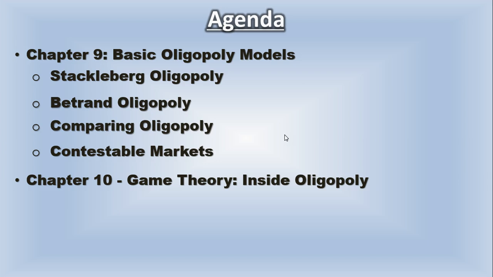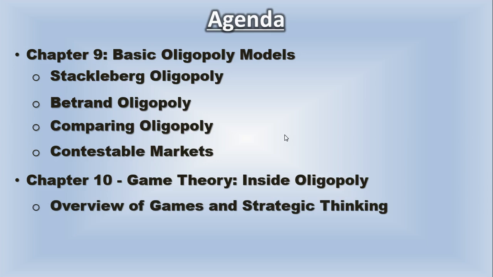But we'll go through several applications in this chapter and several different types of cases that one can apply game theory to, and how those different circumstances change the outcome of the game, and ultimately allow us to gain some insights into how firms are able to work their way around the limitations placed upon them in these markets, where there's interdependence, and that is ultimately like a shackle on them in terms of their ability to enact their market power in the way that will, again, maximize their profits.